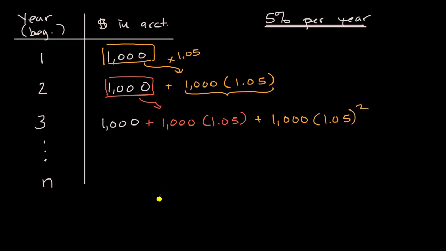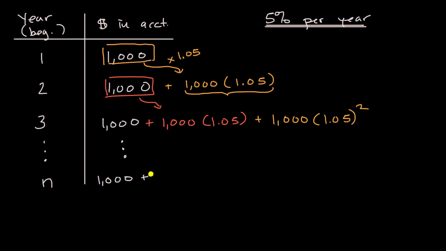So do you see a general pattern that's going to happen here? As you go to year n, in fact, pause the video again and see if you could write a general expression. You're going to have to do a little bit of this dot, dot, dot action in order to do it. Well, for year n, you're going to make that original $1,000 at the beginning of year n.